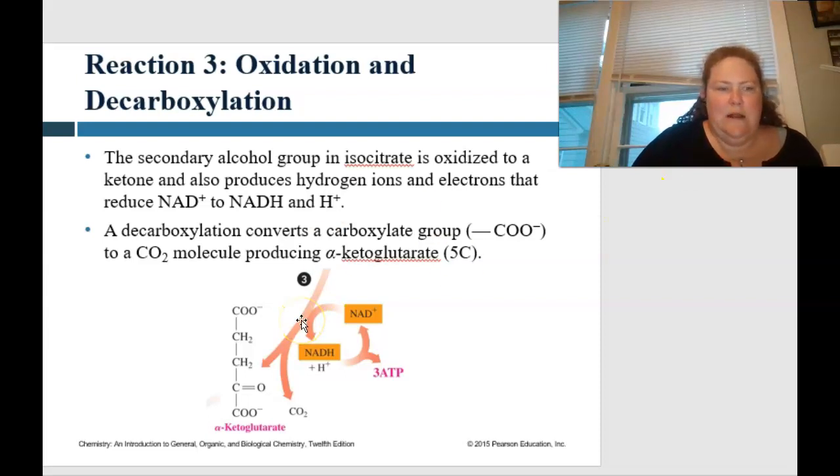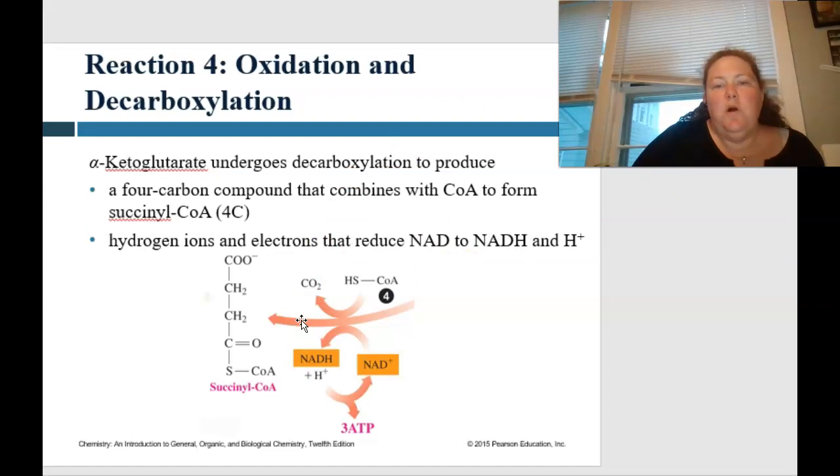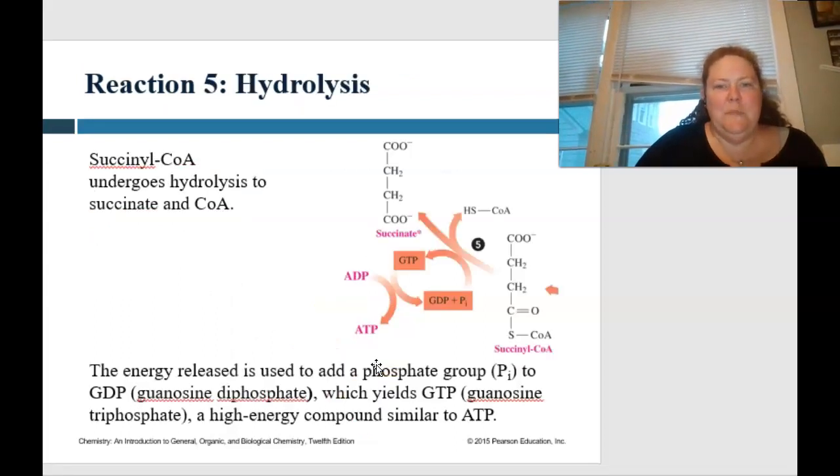You can see those right there. Reaction 4 is the oxidation and decarboxylation. Alpha-ketoglutarate undergoes decarboxylation to produce a 4-carbon compound that combines with CoA to form succinyl-CoA, and this is 4 carbons long. Then the hydrogens and the electrons reduce NAD+ to NADH and H+, and you can see that we're producing more NADH.